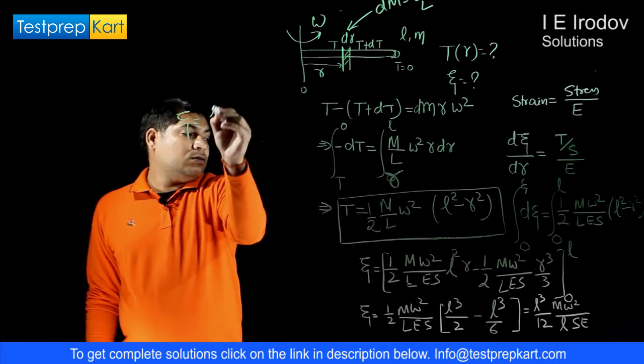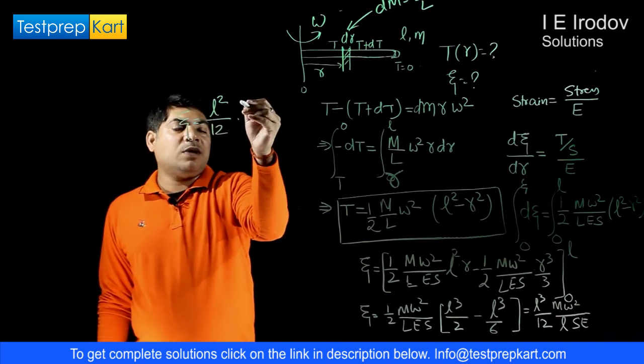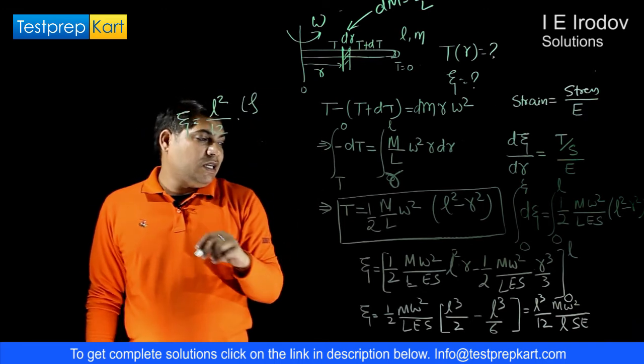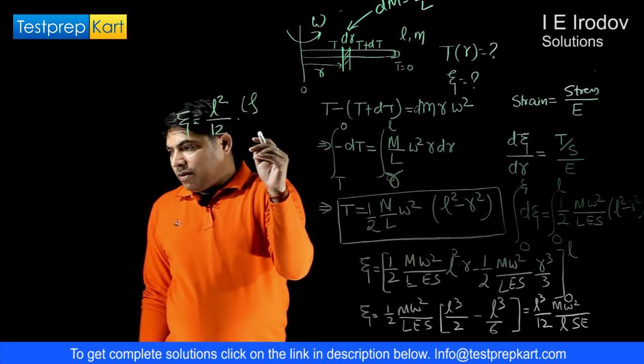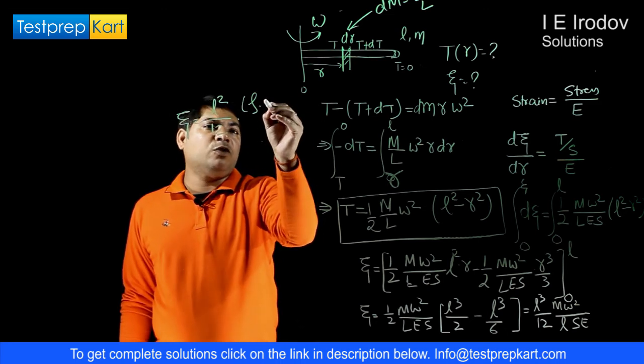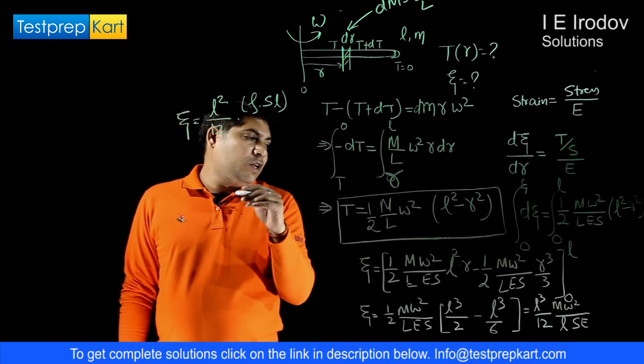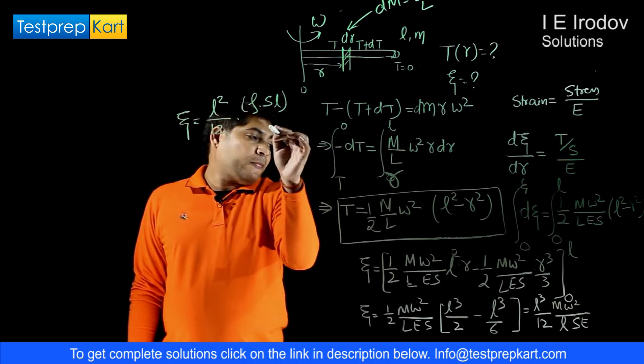Now we can just rectify this, remove one more term, and we may write that zeta is equal to L square upon 12 into mass. Mass we can write as density into volume. Density is given in the question, although it is not written, but we can use density into volume. Volume is surface area into length, just to minimize the terms.